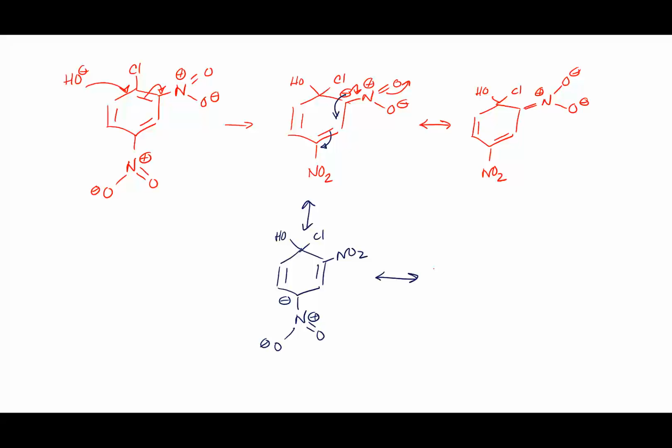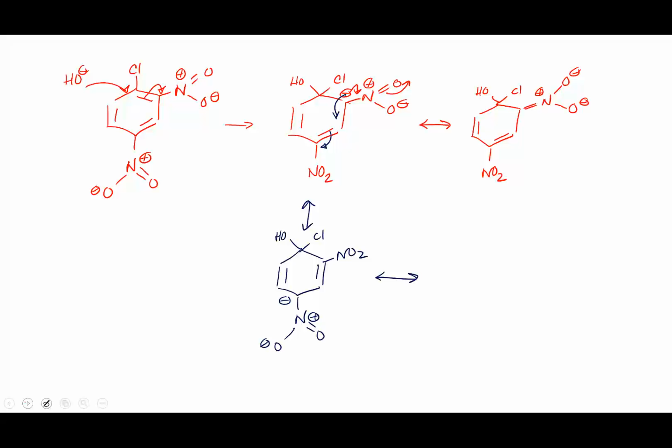Although it's kind of less electron rich when it's got 3 deactivating groups on it. So the 4 resonance structures that you get there are absolutely necessary in order to stabilize that anion.